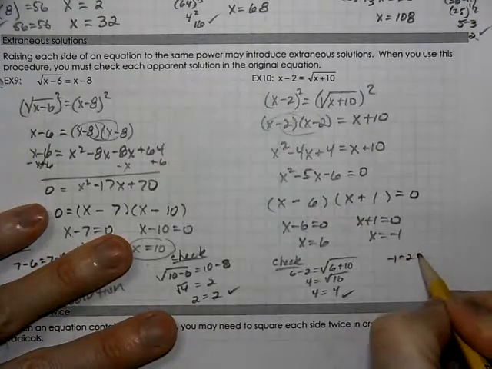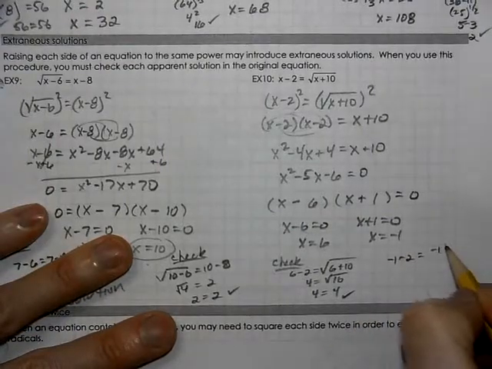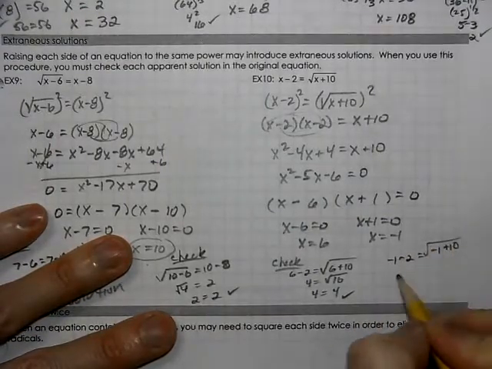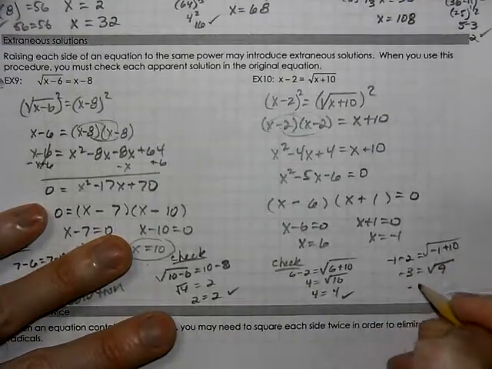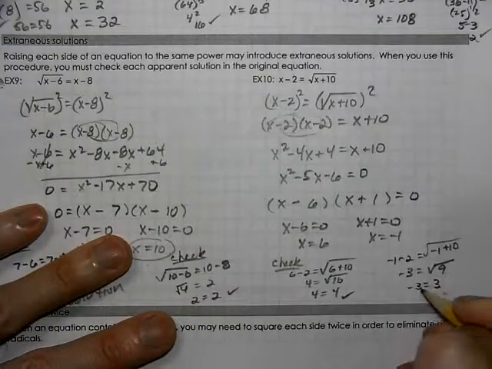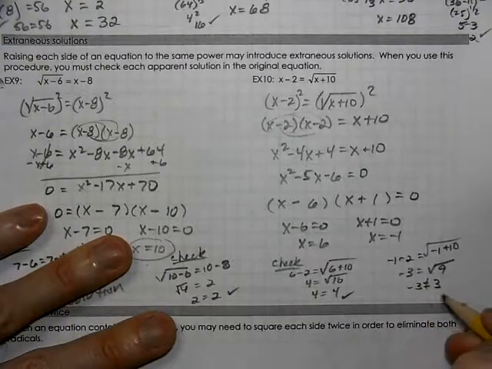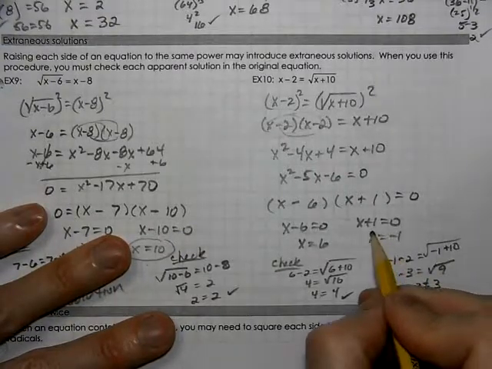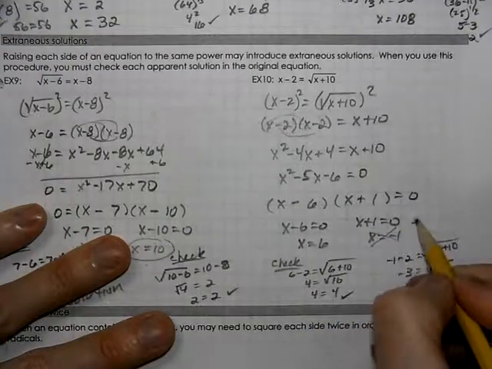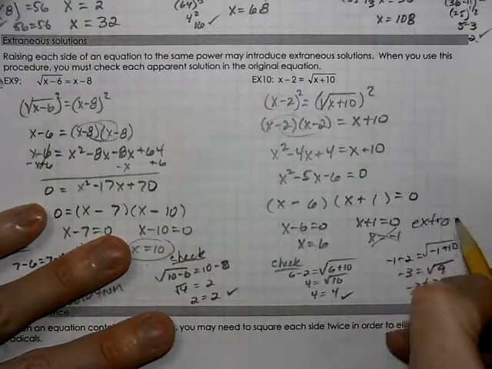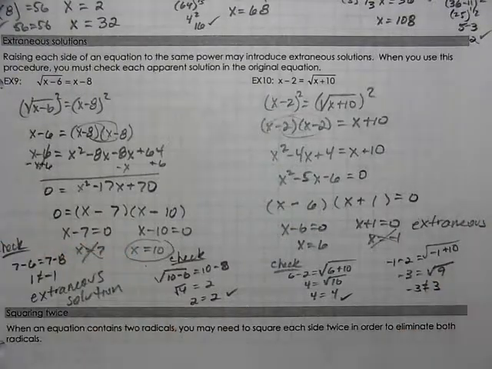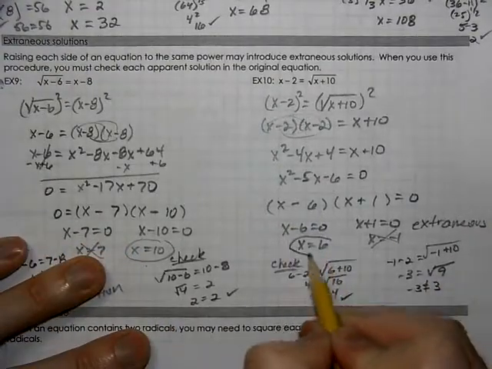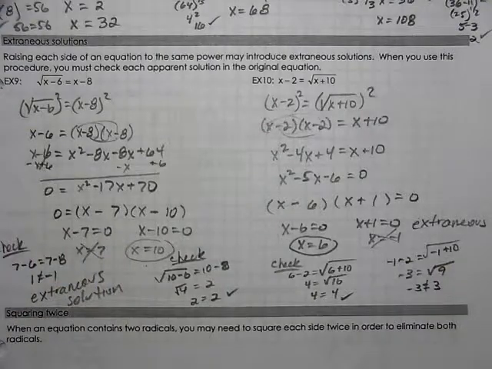Negative 1 minus 2 equals the square root of negative 1 plus 10. Negative 3 equals the square root of 9. Negative 3 equals 3. No, that doesn't. So that is not a solution. It's called extraneous. So our only answer is x equals 6.